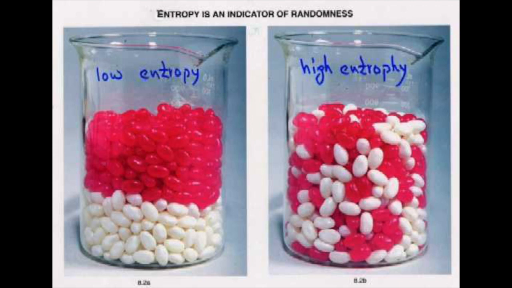And if you were to pick up the beaker and shake it a little bit, the entropy would increase and they would mix faster. And the shaking of the beaker is similar to the kinetic energy of heat in molecules. They're already shaking. And the more heat, the more shaking, and thus the greater the mixing of the jelly beans.